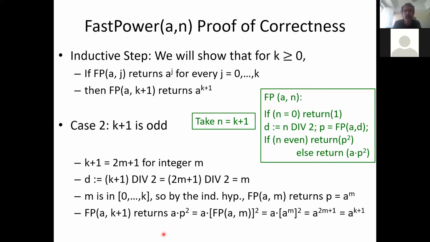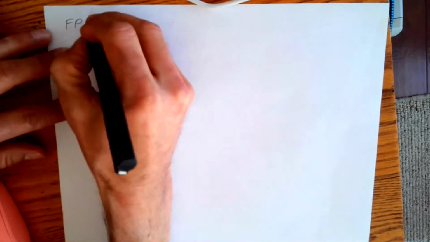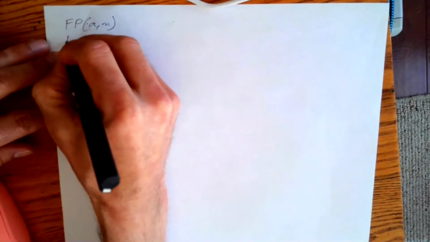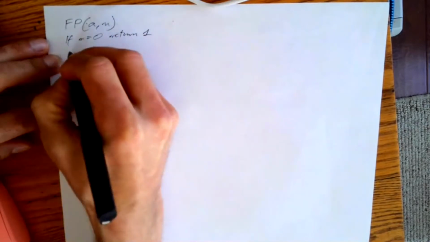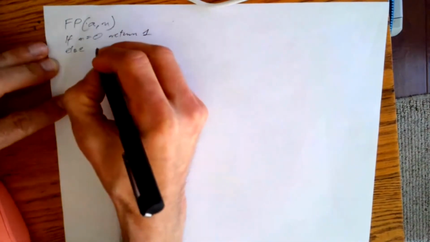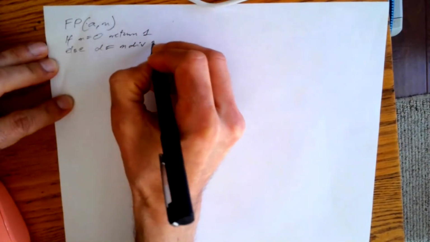I don't have on the slide the running time algorithm argument for this. And I want to draw some parallel to some sequence that we have already looked at earlier. So FastPower on a^n had this structure. If n was 0, return 1. Otherwise, compute d, which is n div 2.